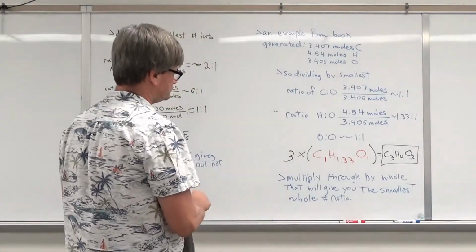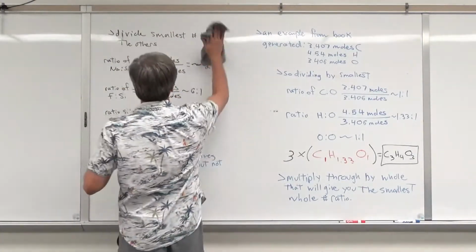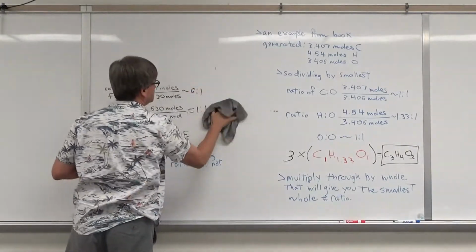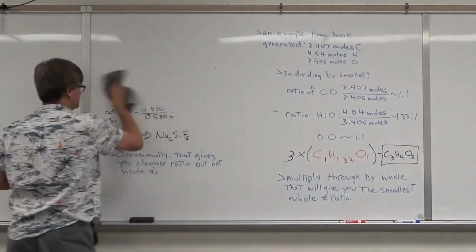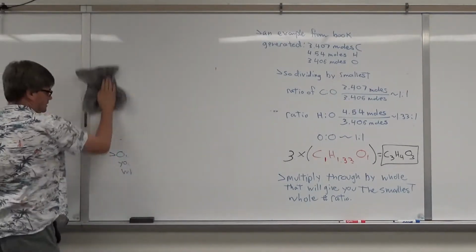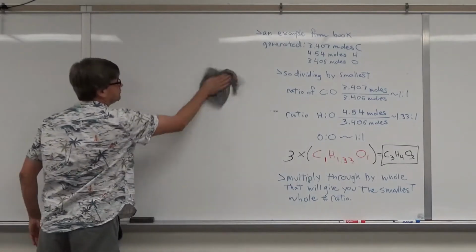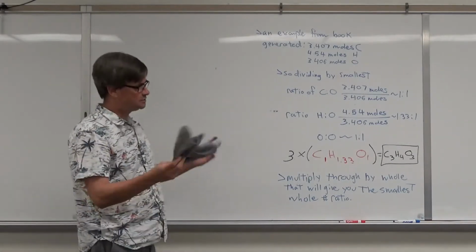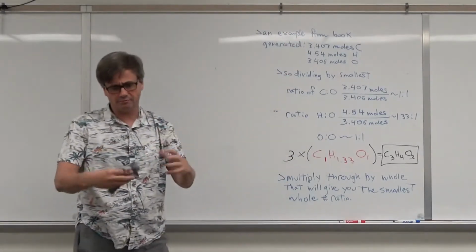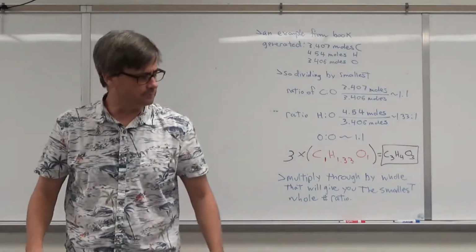So what can you do in that situation? You need a little bit more information. If you were after the molecular formula, you get some analysis data like we've been getting, percentages of the various elements or moles of the various elements.